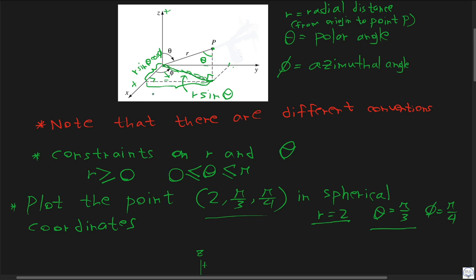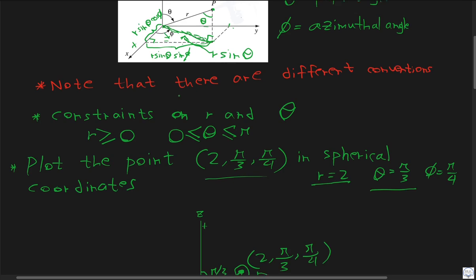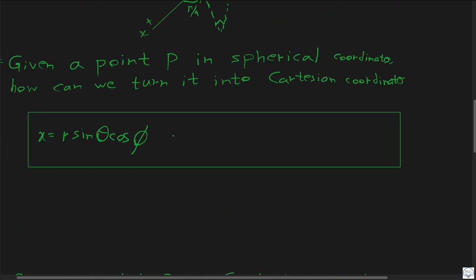So this is the y coordinate, so this is going to be r sine theta, the length of my hypotenuse, times sine of phi. So this particular y coordinate is going to be r sine theta sine phi. So we have y equals r sine theta sine phi.